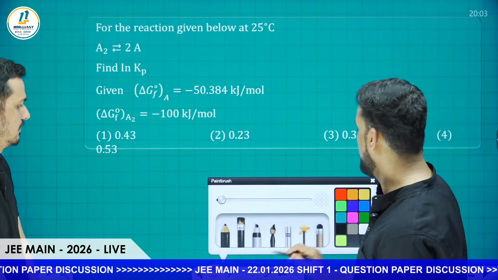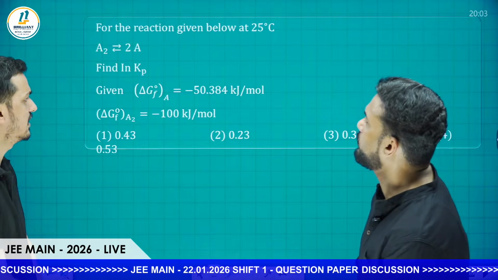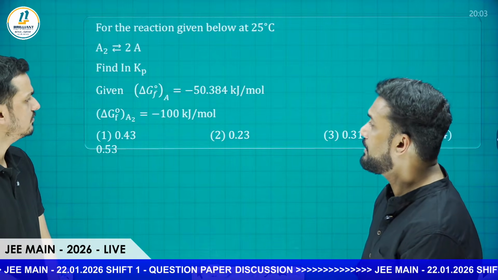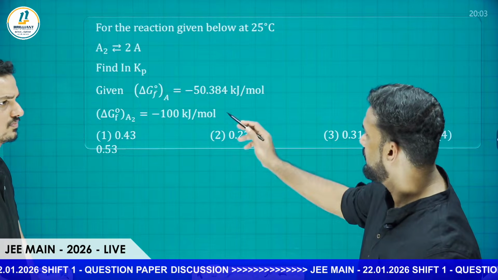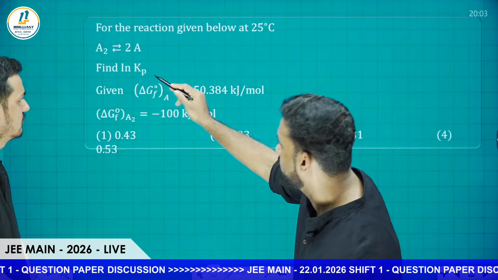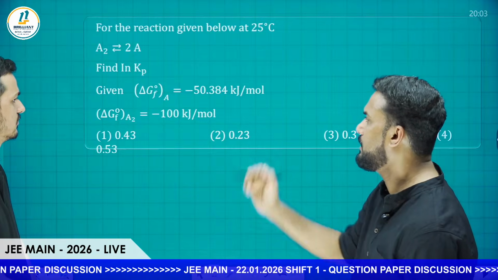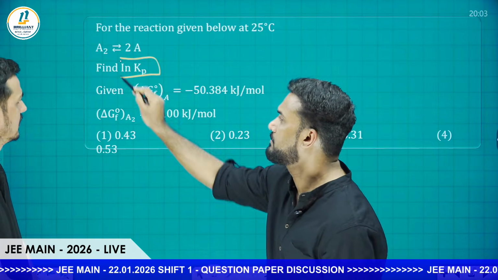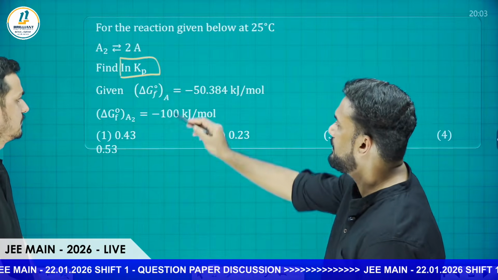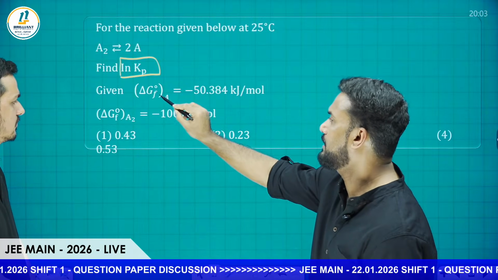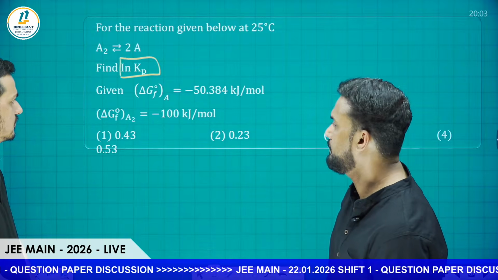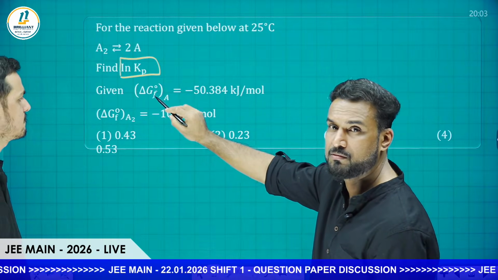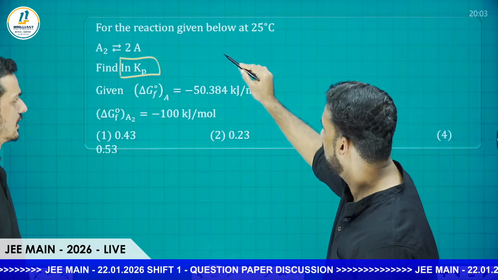The next question is from thermodynamics and equilibrium. For the reaction given below at 25 degrees Celsius, the equation is given. They are asking for natural log Kp, and they are giving delta G naught. From this delta G naught value, you can find out the net equation.